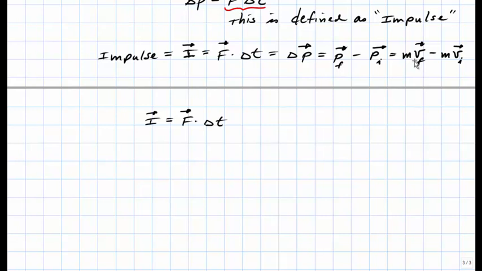In other words, impulse also equals mass times final velocity minus mass times initial velocity. So we'll note that relationship as well. And we will decide which form to use based on what is provided to us within problems that we're assigned to evaluate. Let's now discuss the units for impulse.